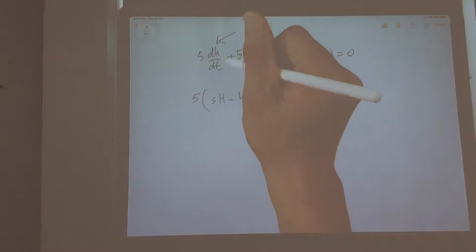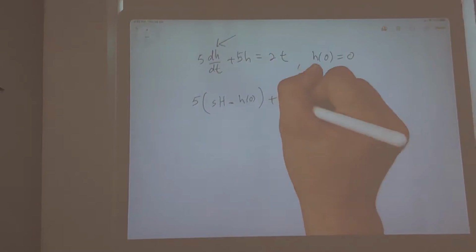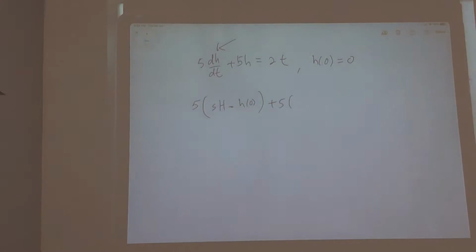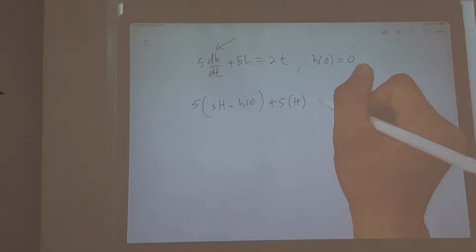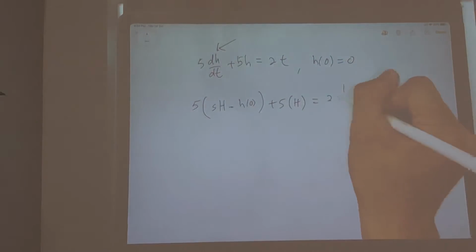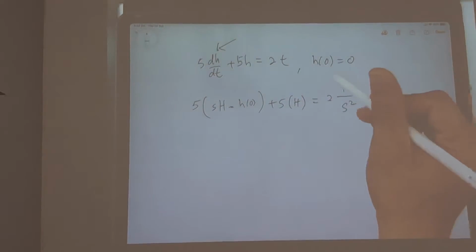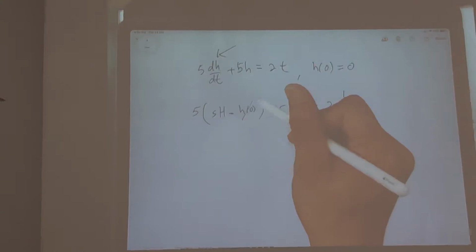So dh/dt equals this one. Plus 5, h becomes the capital H. 2t becomes 1 over S to the power of 2, so we can always write it as 2 on the top. And because h(0) is 0, I take this one as 0.